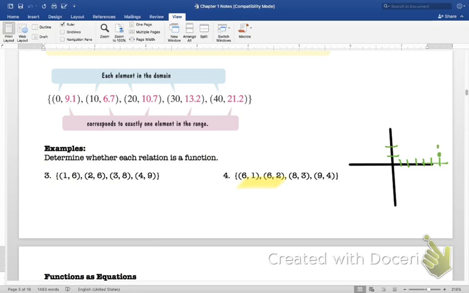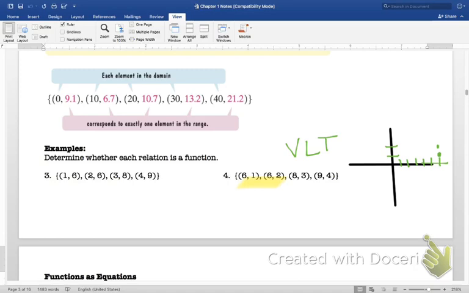We'll talk about this in a minute: when you physically graph things, what is it called? What does it have to pass to be a function? You remember what VLT stood for? Vertical line test, right?